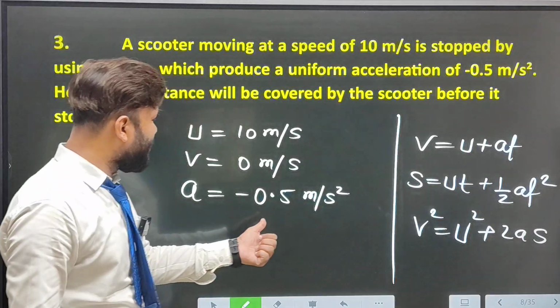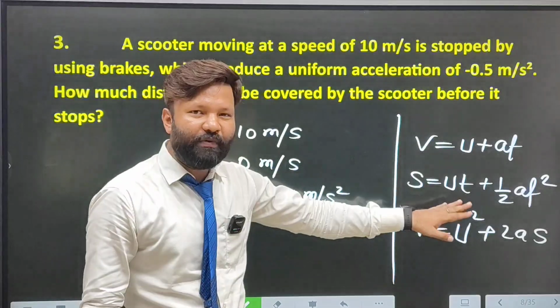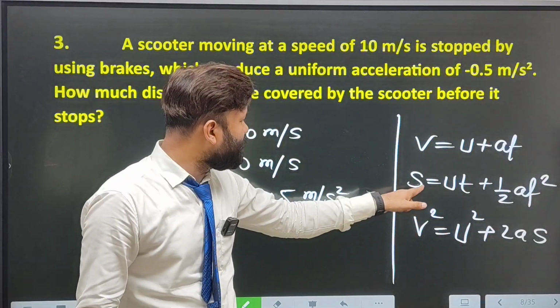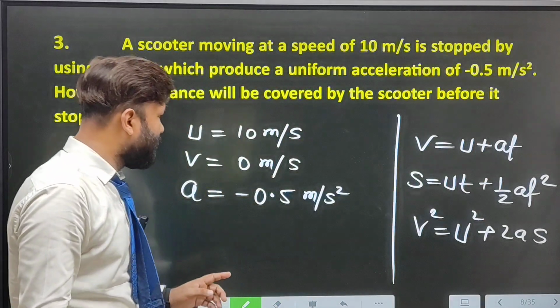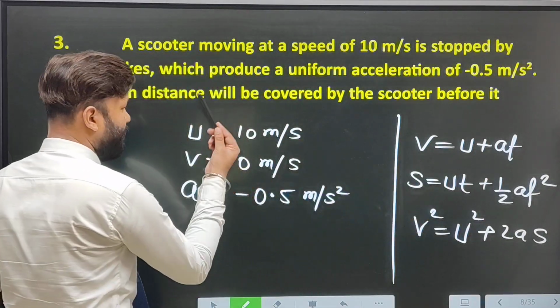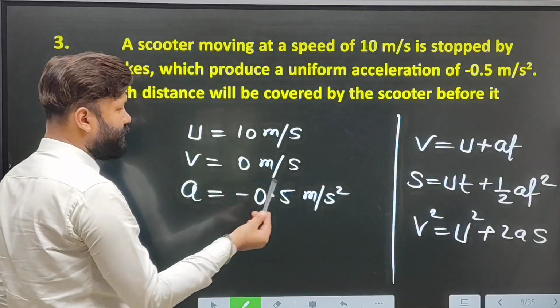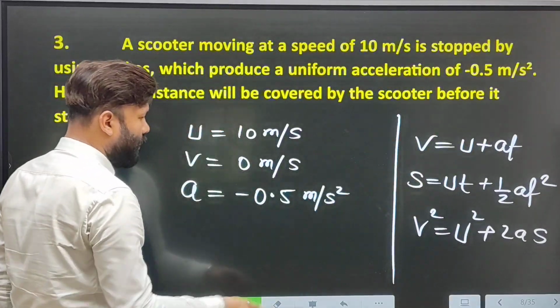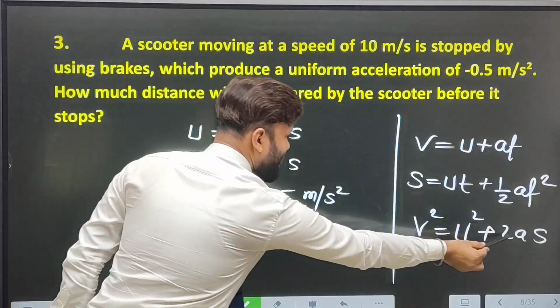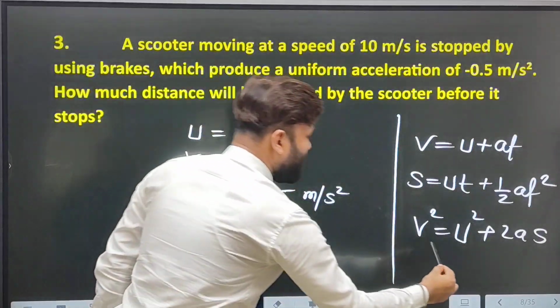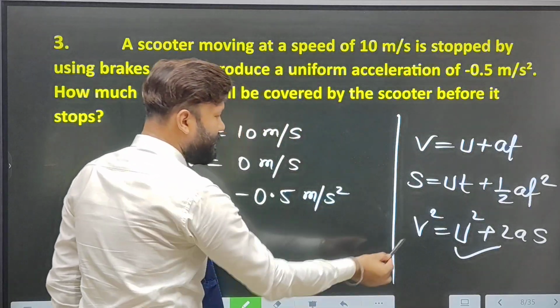So in this question, we have to find out which equation we have to use. Either we can use this or this, but check whether we can use this one. u is given, time is not given, so we cannot use this equation. Now v is given, u is given, a is given. So we can use equation number 3.